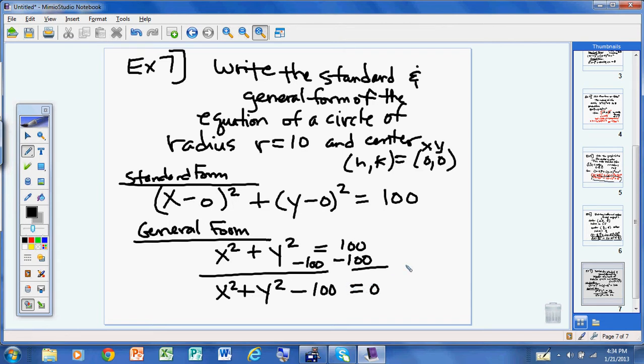Okay, and then based on this they want us to actually graph. Okay, and so let's show the graph of this.